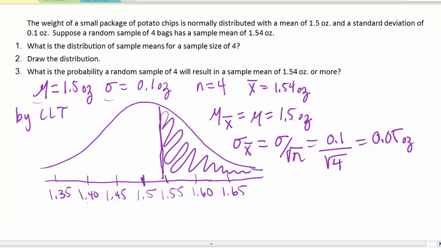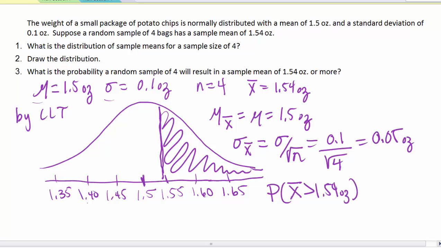Well, we can use the ideas now from the normal distribution. So once we know that x bar is normally distributed, then the way that we solve this problem is no different than any other normal distribution problem. So we want to know the probability that x bar is greater than 1.54 ounces.